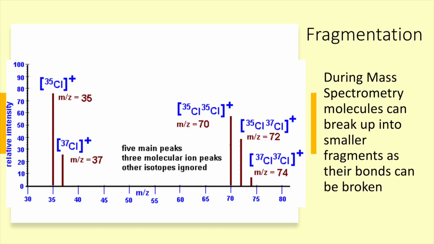So fragmentation is something that's quite new, but as the word sounds, it's the process of breaking our molecule up into fragments. So that happens as our bonds are broken. So that can happen to our chlorine molecules. So Cl-Cl bond breaking, we're just going to end up forming our chlorine atoms.